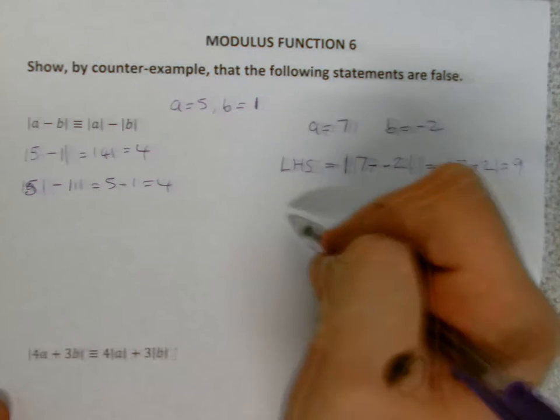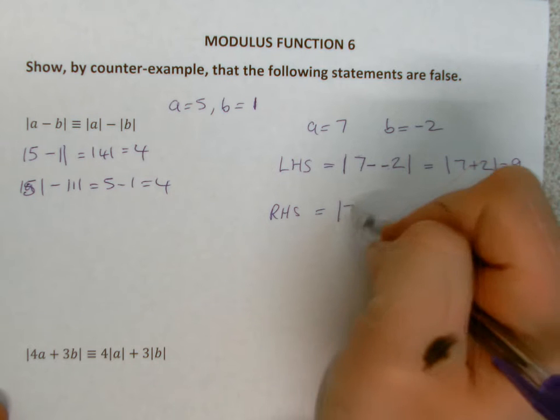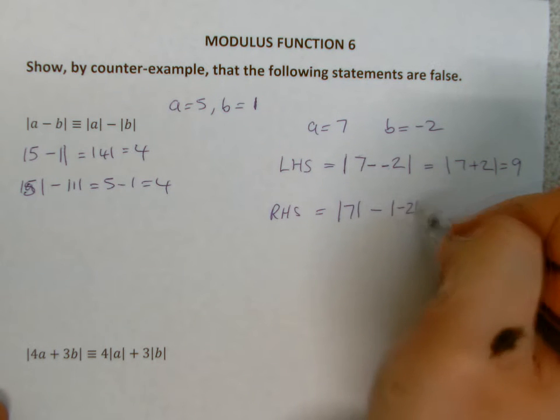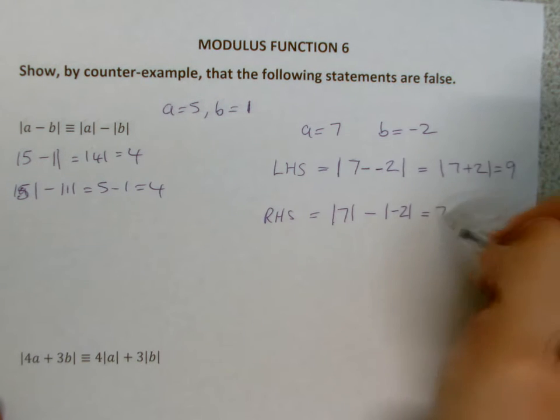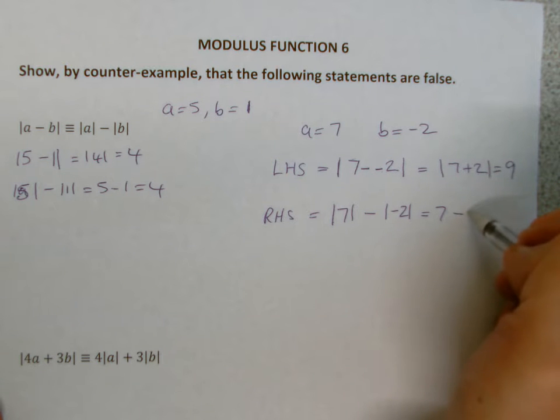Alright, if I look at the right hand side, that will be the mod of a, which is the mod of 7, take away the mod of b, which is the mod of minus 2. Now the mod of 7 is just 7, take away, the mod of minus 2 is 2, isn't it? Don't forget the modulus makes everything positive. So if it's minus 2, it becomes 2.